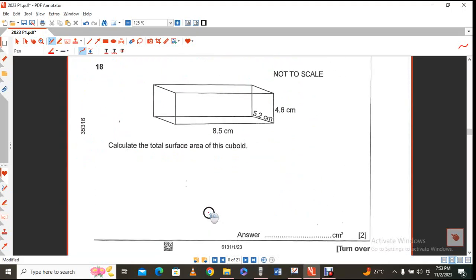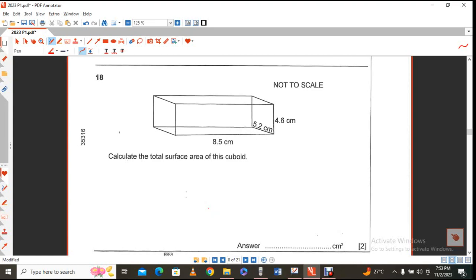Question 18. Now I'm going to do this question using 3 different methods, but it's for 2 marks. I'm doing it because there could be many ways that you can find the total surface area. So the total surface area of this cuboid or rectangular prism will be 2 times LB plus 2 times LH plus 2 times BH.